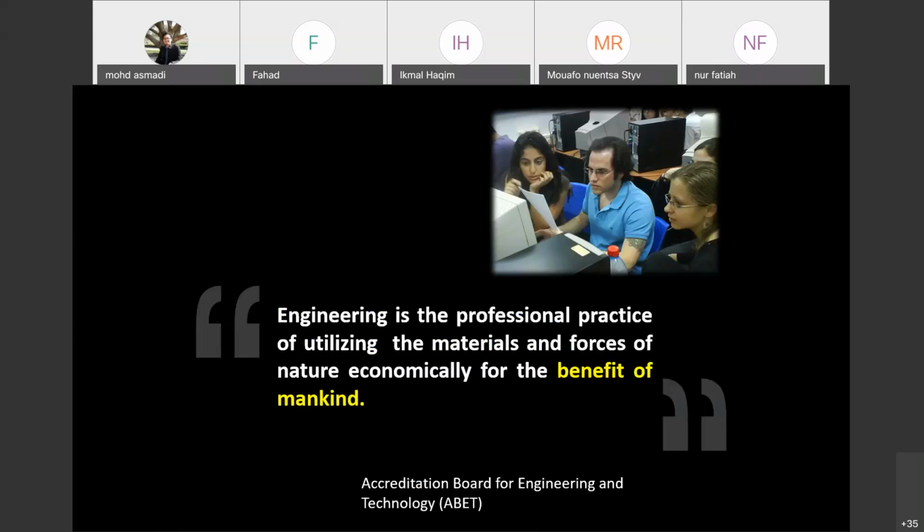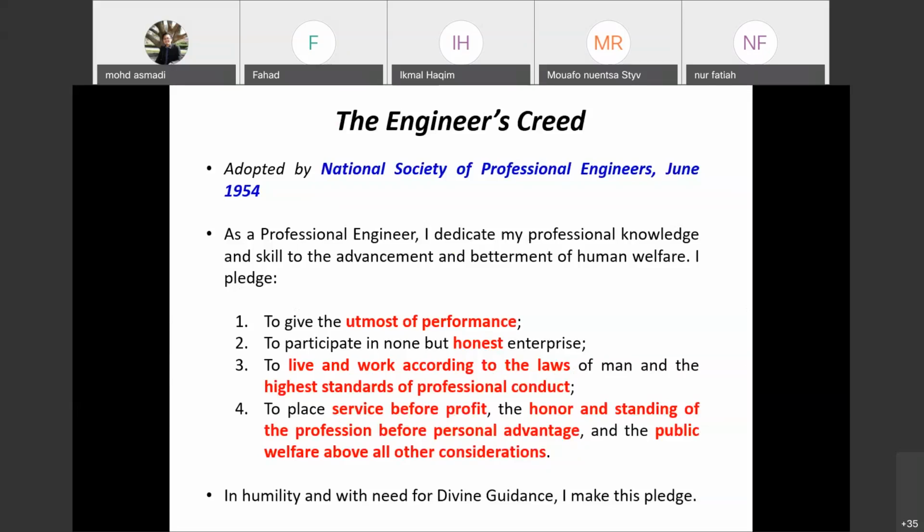Even if you enroll in this university, you have the grades, right? So it's adopted by the National Society of Professional Engineers.